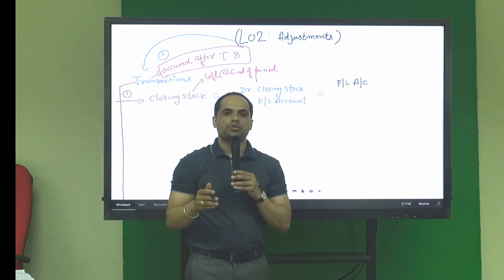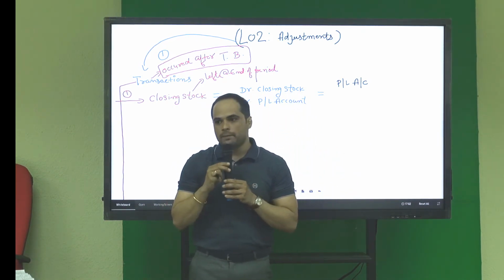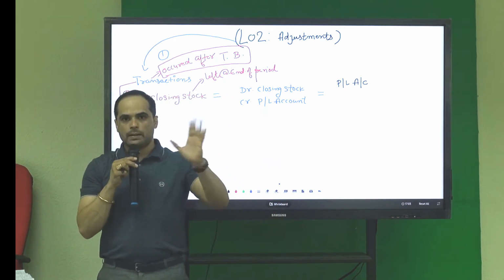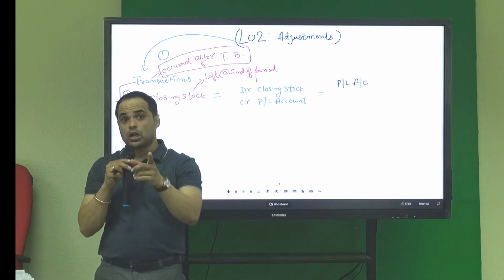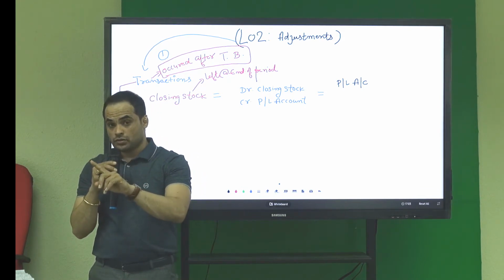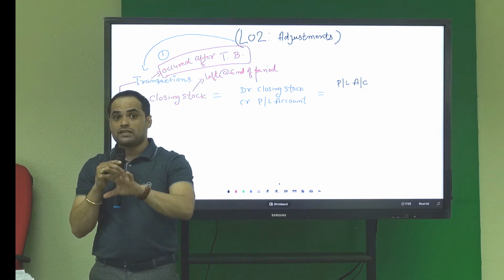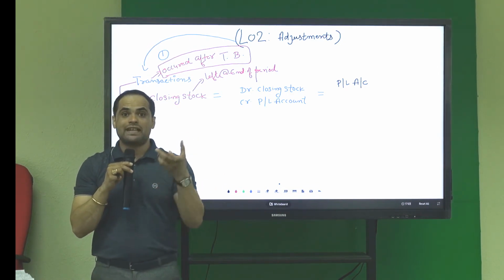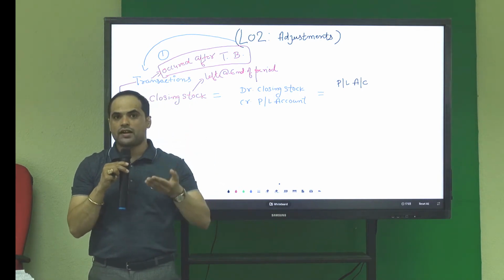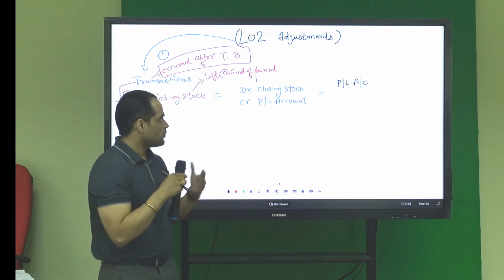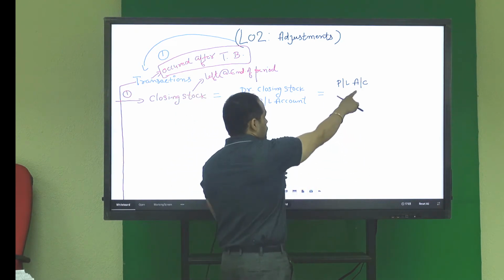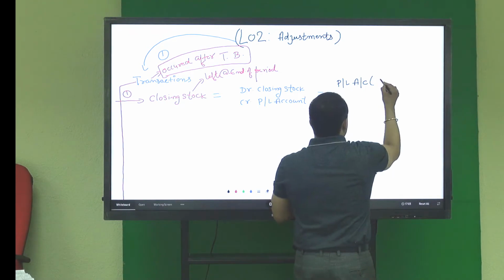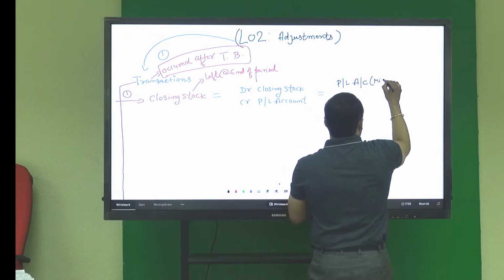Because normally what we do when we are estimating our cost of goods sold is opening plus purchase less closing. Alright, less closing. So when we are preparing our income statement, closing stock must be subtracted when we are estimating cost of goods sold. So profit and loss account. Alright, so I will write down here minus.